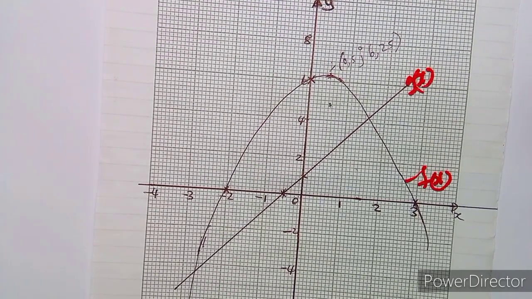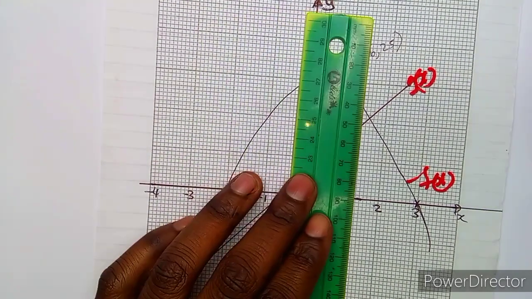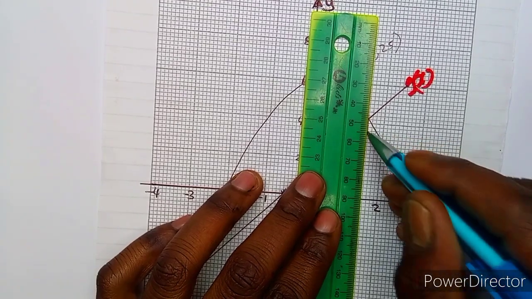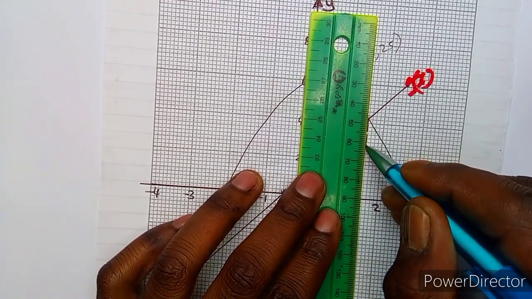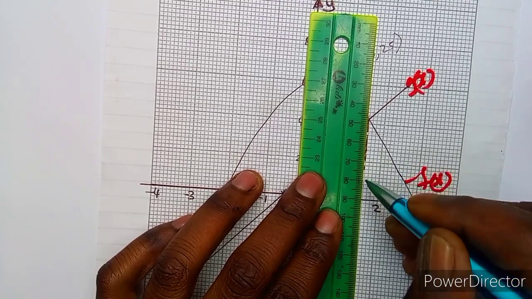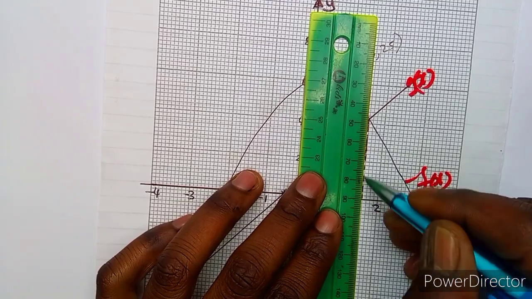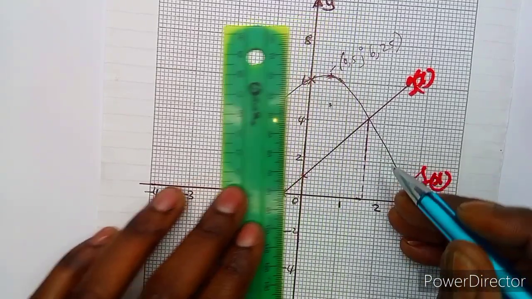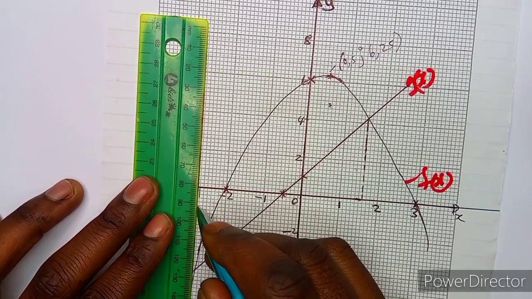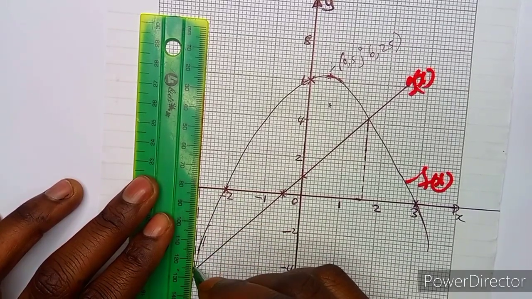This is where you take your answers, from the point of intersection of the graphs. Where these graphs meet, you draw dotted lines back to the x-axis, and you do the same here, back to the x-axis again.